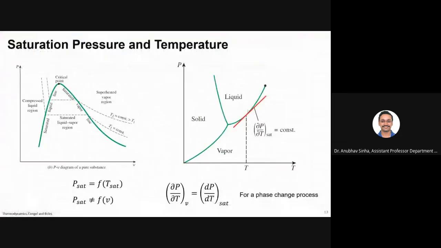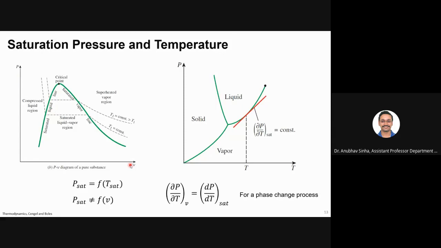If in a PV plot I fix the temperature, pressure also becomes constant, right? So this is for T1, this is for T2. Pressure is constant here inside the vapor dome. Do you agree?